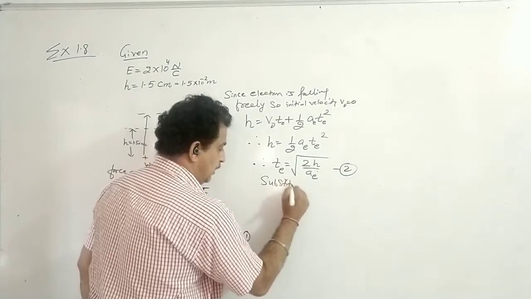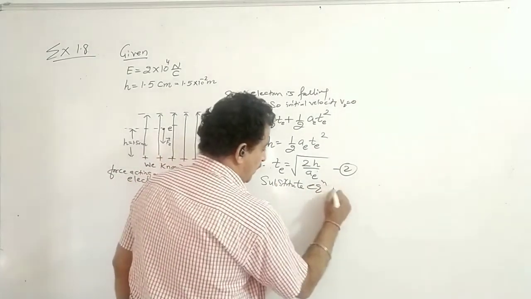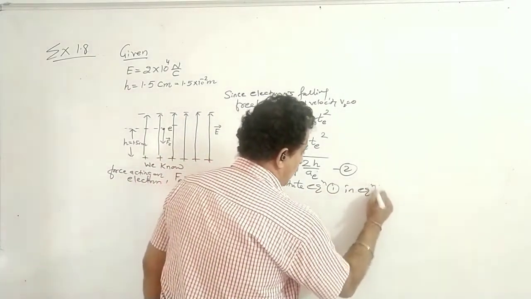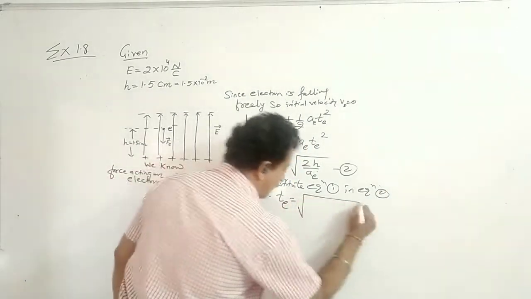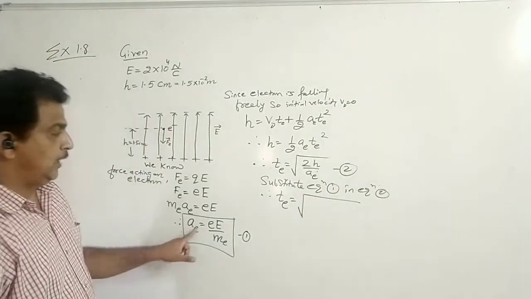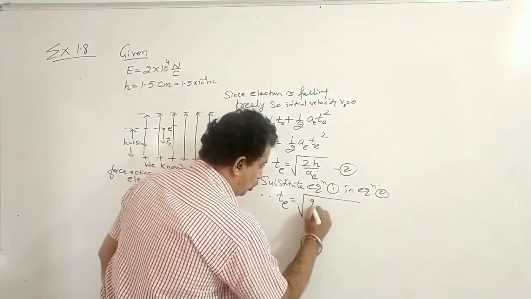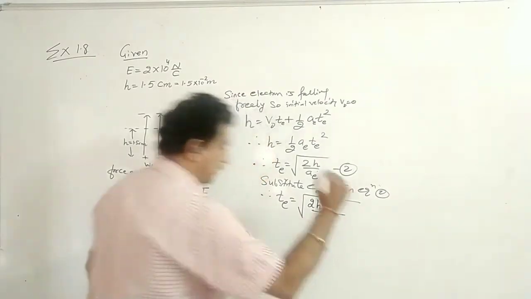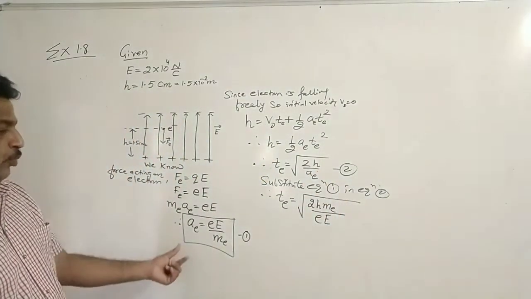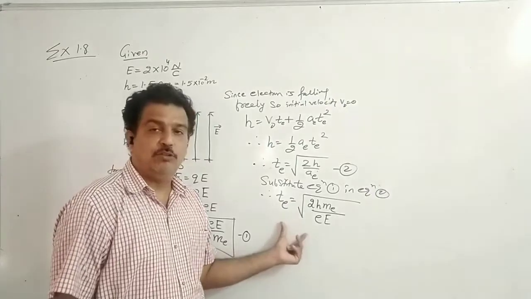Substitute equation 1 in equation 2. Therefore, t_e is equal to under root, so a_e I am substituting here, 2h m_e upon eE. So this is our formula for the time of fall.